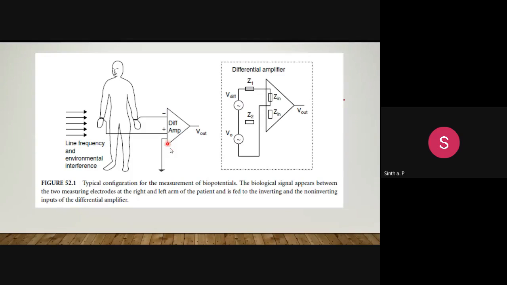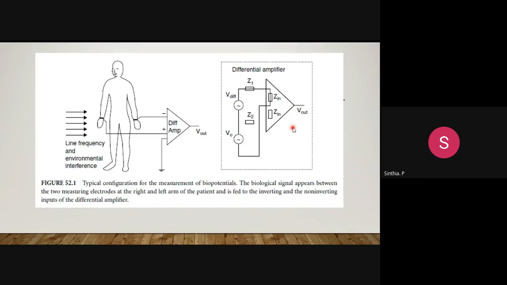So the rejection of the common mode signals is a function of both the CMRR and the source impedances. If you see here, the source impedances are Z1 and Z2. So for an ideal bioamplifier, if Z1 equals Z2 and the CMRR is infinite, the output voltage generated will be purely a biological signal, right?